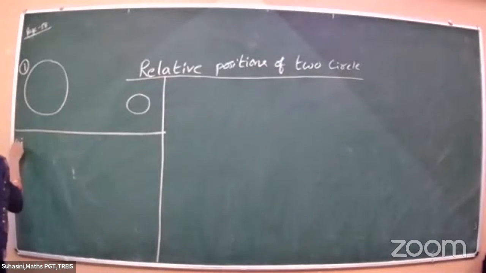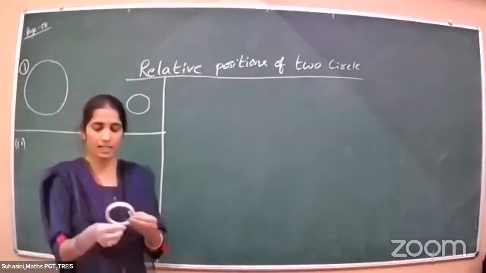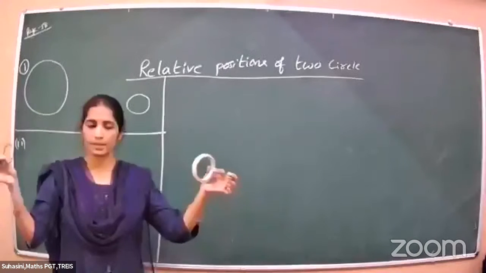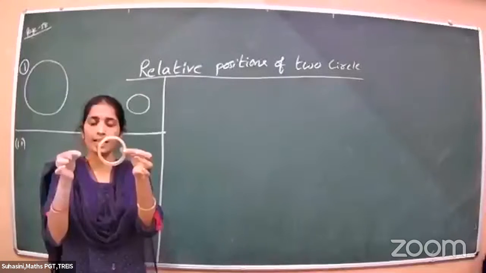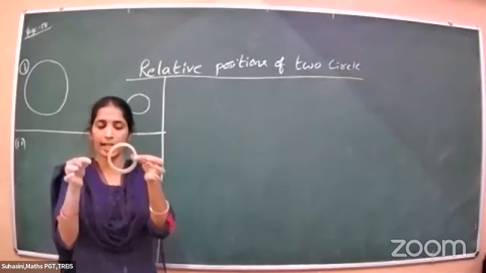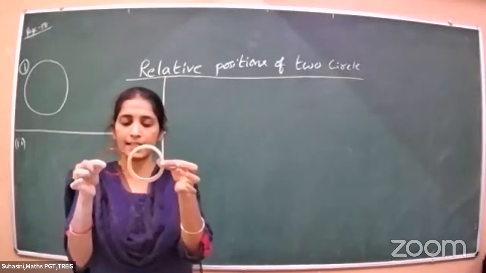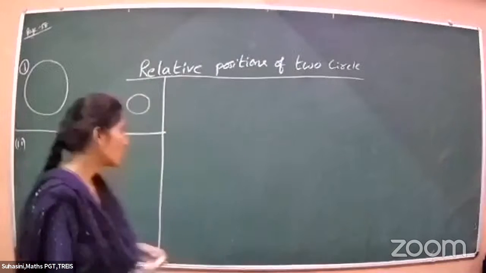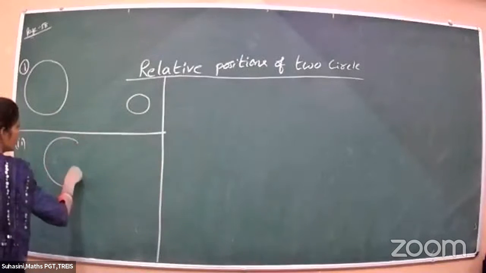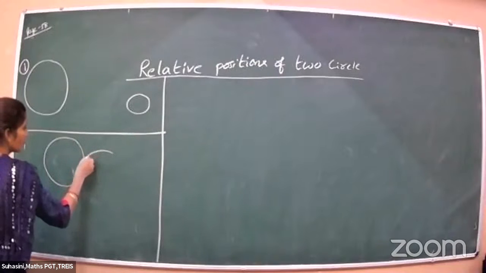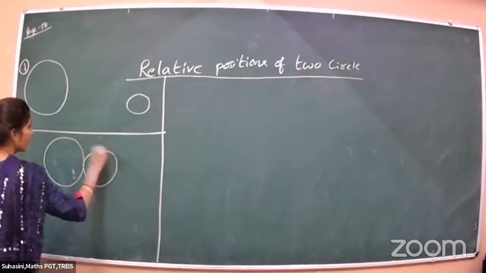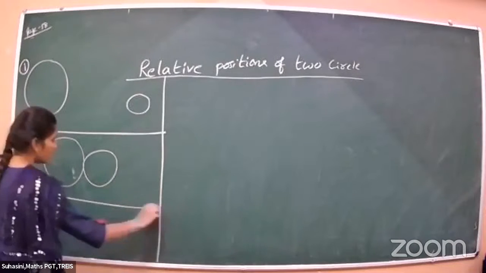And case 2, let us bring them close. Now here is a case where they touch each other. The circles touch each other. So let us note that case wherever we are finding a different case. And what is the third case?